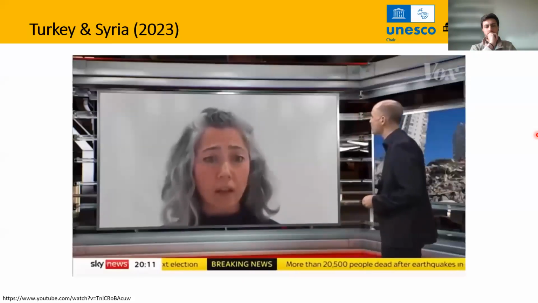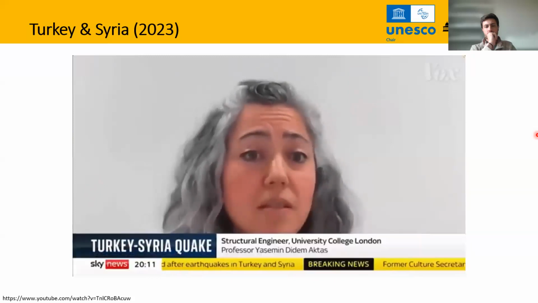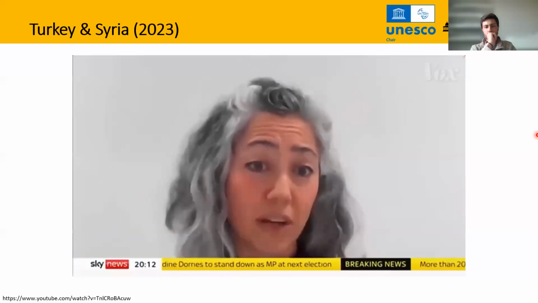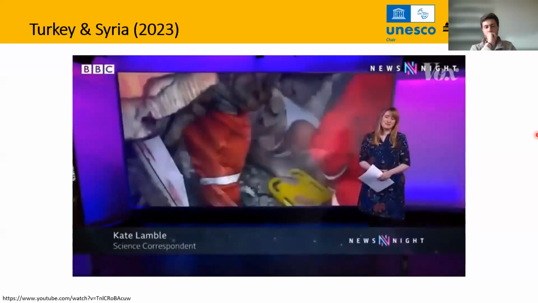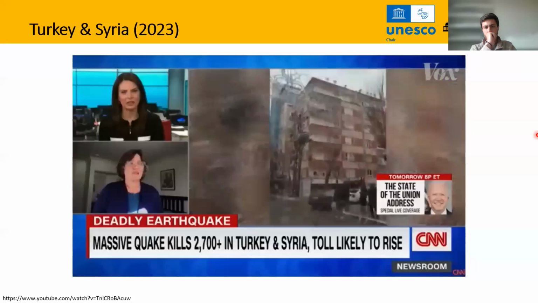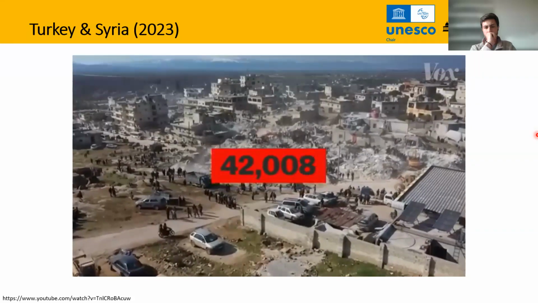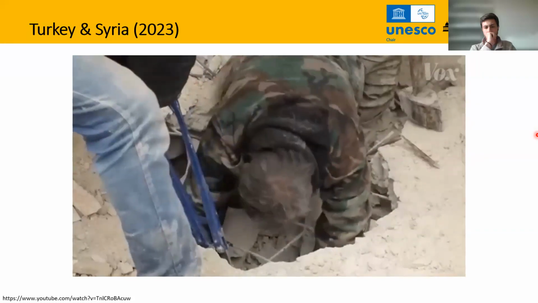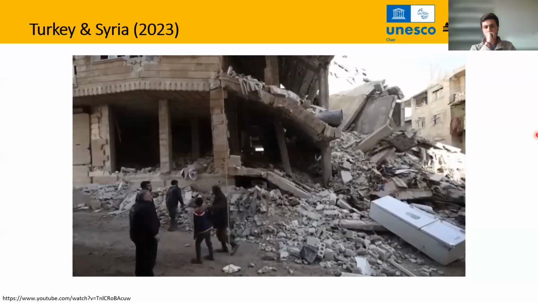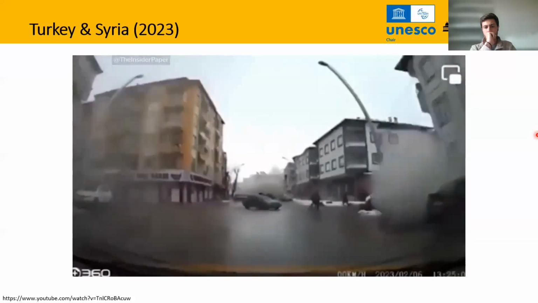Clearly, a lot of these buildings were not up to standard. The death toll continues to climb as many victims are still stuck under the weight of the buildings. So what is it about these buildings that has made this earthquake even more devastating?